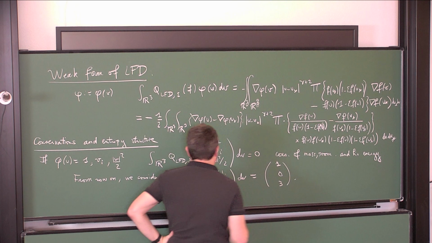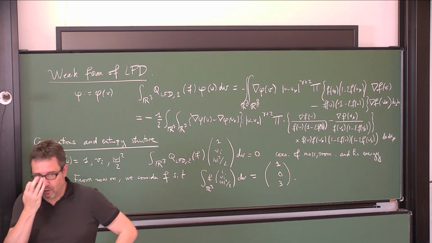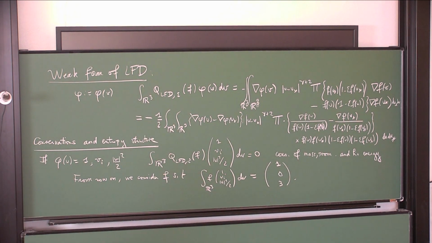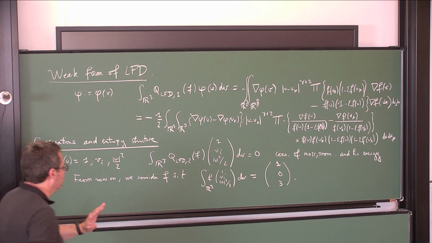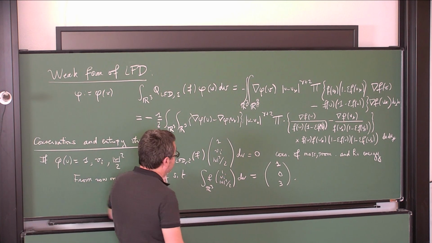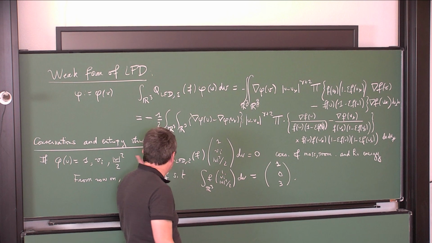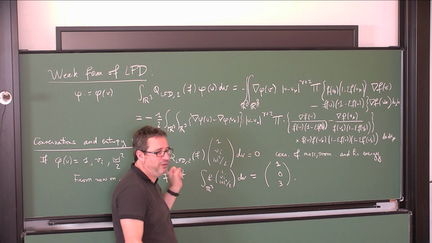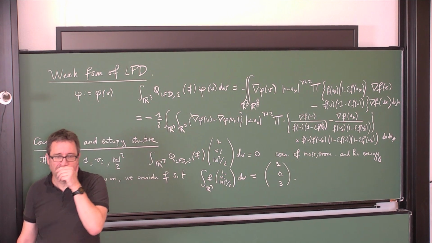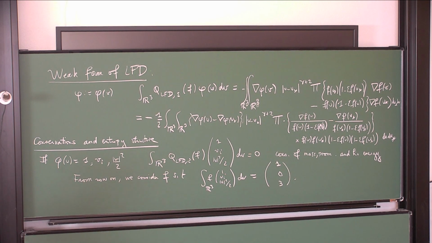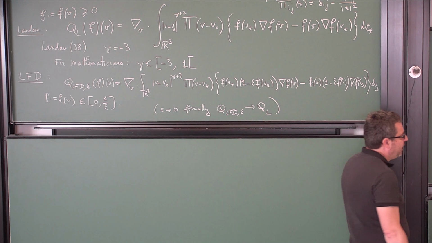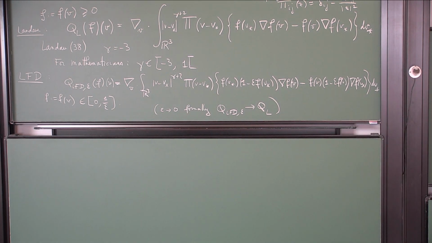So this is the usual normalization here. Okay? So from now on, we will only consider F which are non-negative, and which are between 0 and 1 over epsilon, to be precise, and which satisfy this. Also, up to doing a rotation, you can impose that the integral of f vi vj is equal to 0 if i is different from j.